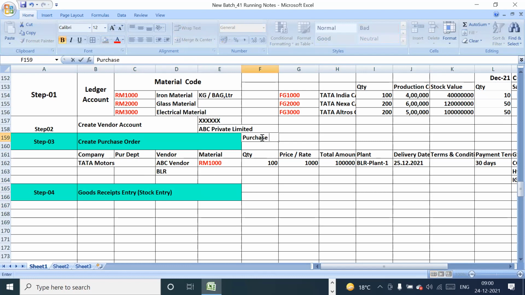Whatever stocks we are getting, someone is going to supply the materials and we are going to accept the stock. Against the purchase order, whatever material and whatever quantity we ordered, that much only we are going to accept, right? Suppose I gave the order for 100 quantity but the vendor supplied 200, or I ordered raw material 1000 but the vendor is supplying 2000. We are not going to receive those kinds of stocks, right?